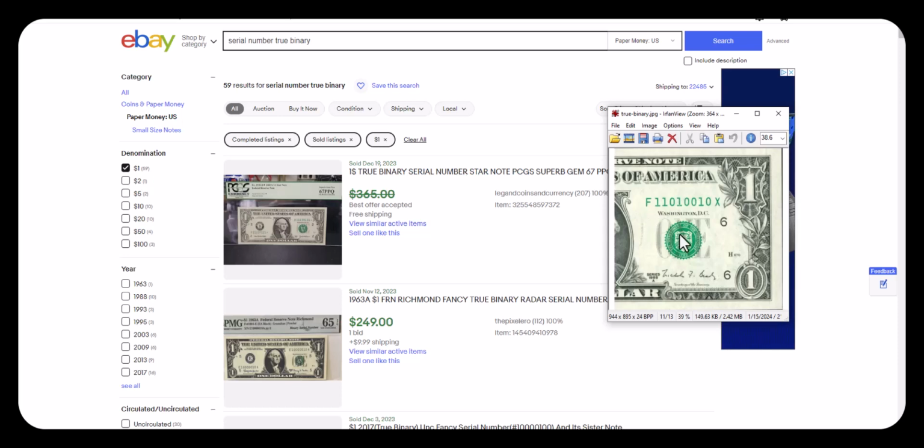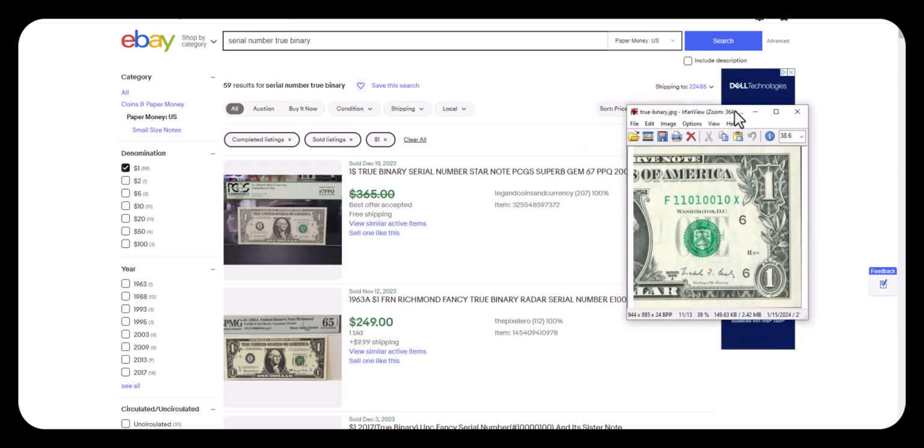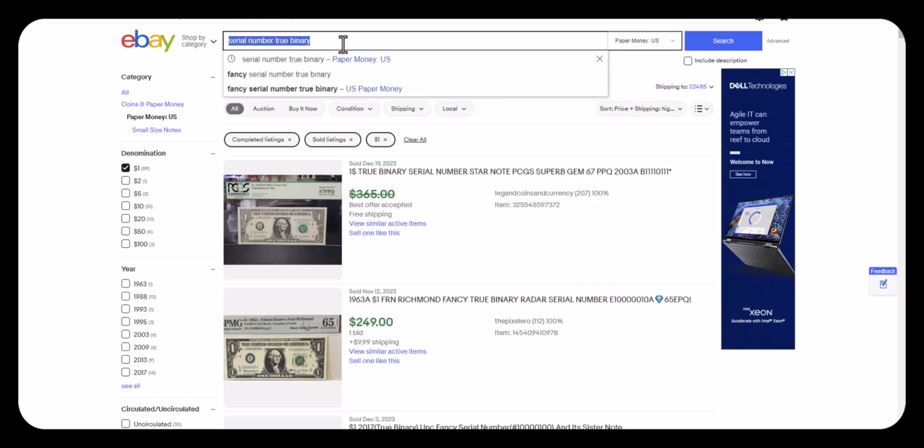Okay, so what I do normally is the search term serial number, and I put true binary here. And I also look in paper money US for American currency.